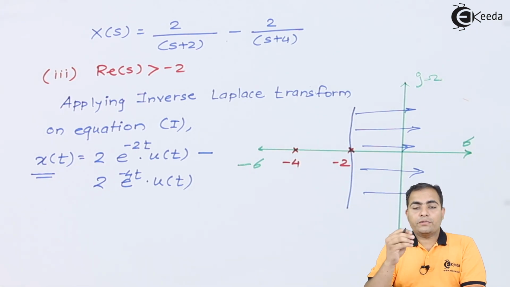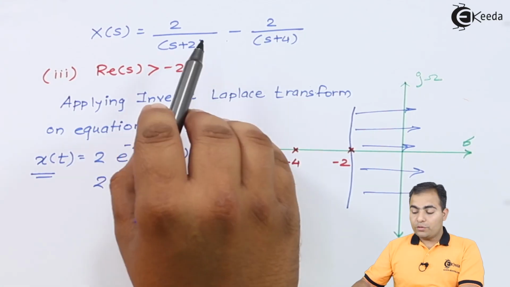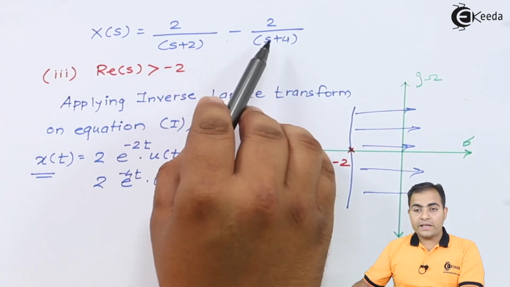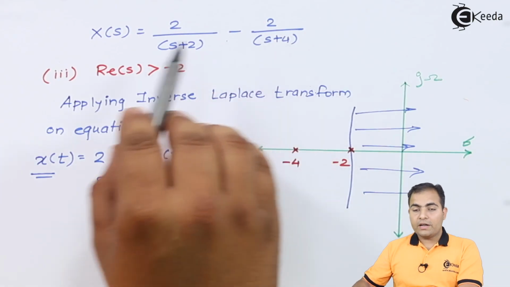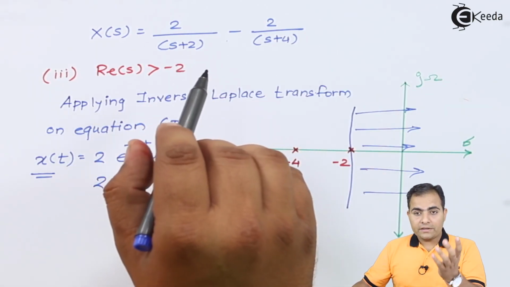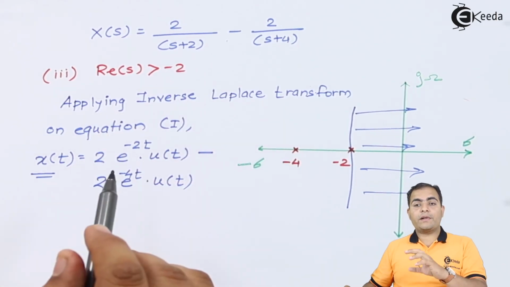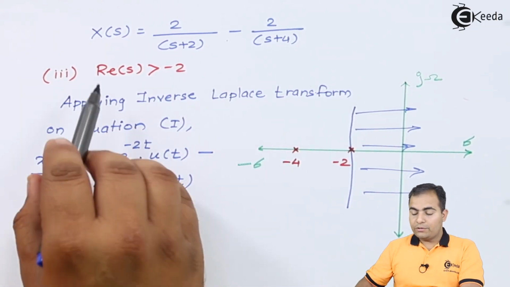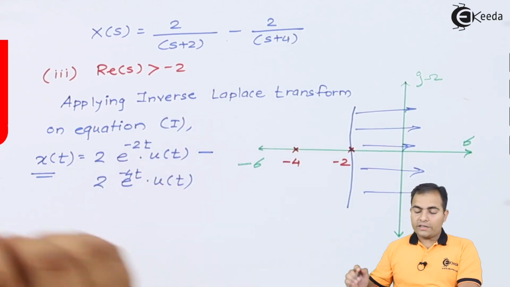If they tell you to find the inverse Laplace transform for all possible ROCs, then you have to consider how many poles are given in the question, and depending on that the ROC marking will be decided. And if ROCs are already given, then you have to find the inverse Laplace transform of the given function using the given ROC. So that's all for now.